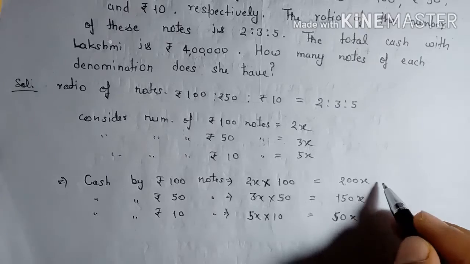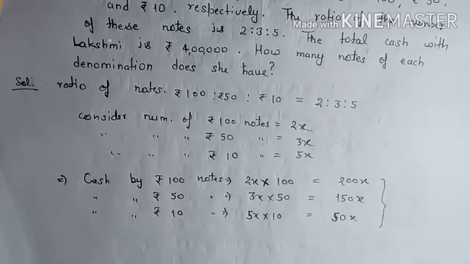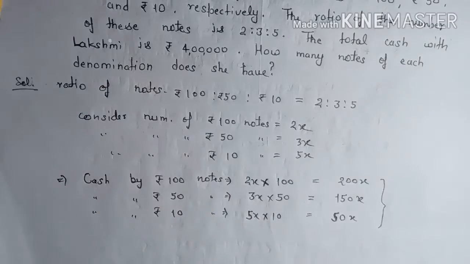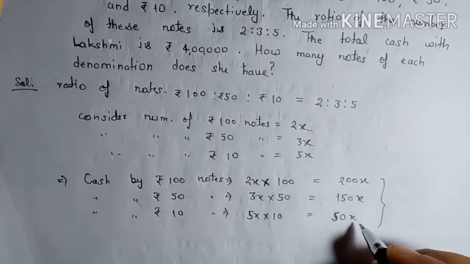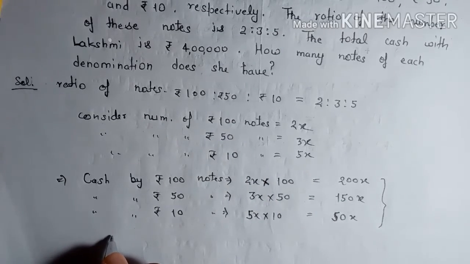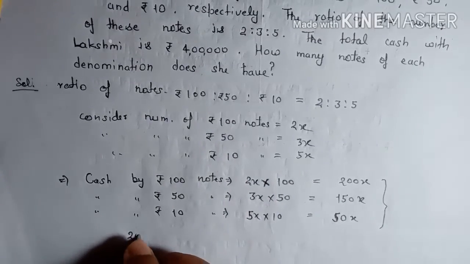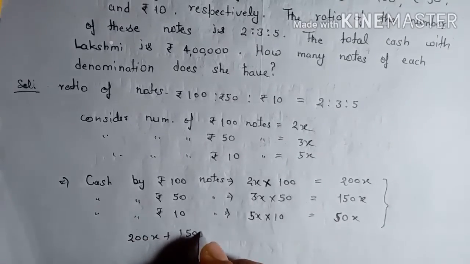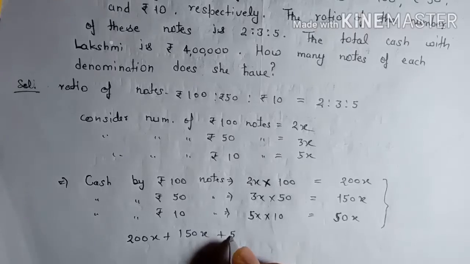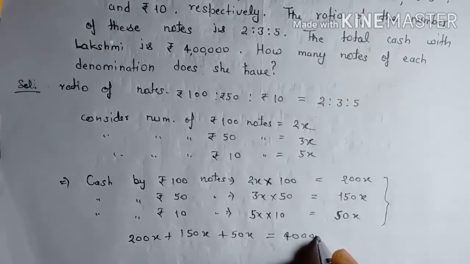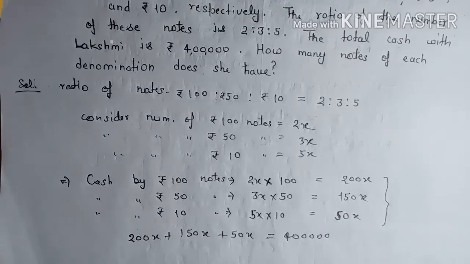Now this is the cash. Now you can form an equation of this cash and this 4 lakh rupees. So total sum of this cash is 4 lakh rupees. So you can write 200x plus 150x plus 50x is equal to 4 lakh rupees.